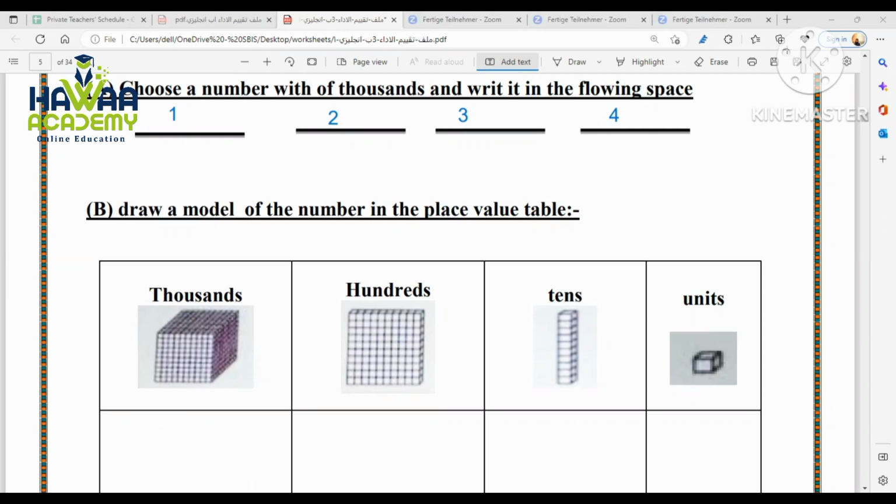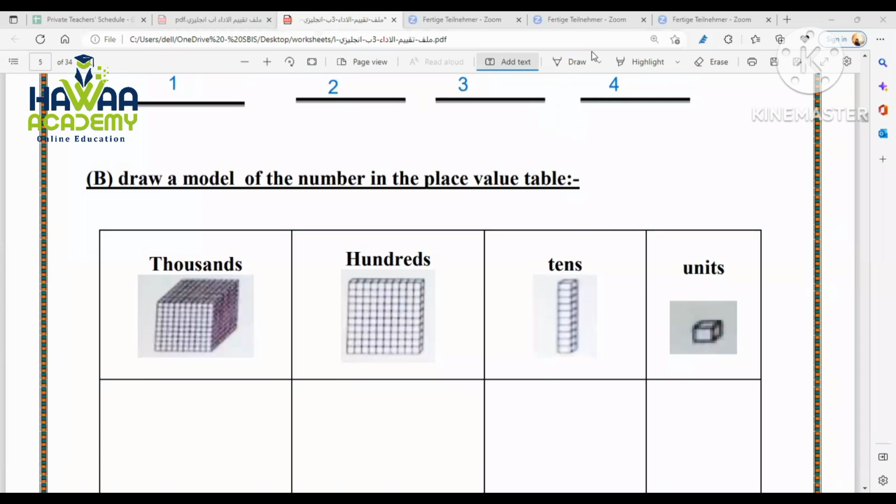So let me show you a very, very easy way to draw a cube. So here you start with a square, and then another square, and then use a ruler, of course, and then join each vertex. Like that, we made 1,000. Let's make the 100.